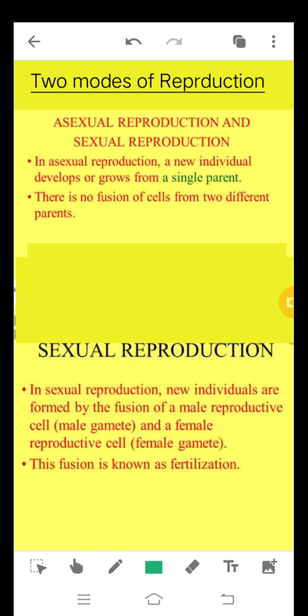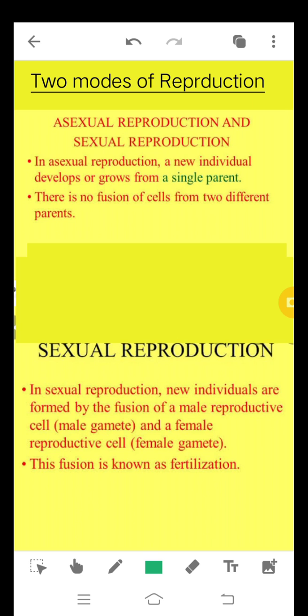So in sexual reproduction, there are two parents involved, male and female. These two parents produce gametes, the male gamete and the female gamete. The male parent, the father, produces male gamete, and the female parent, the mother, produces female gamete.